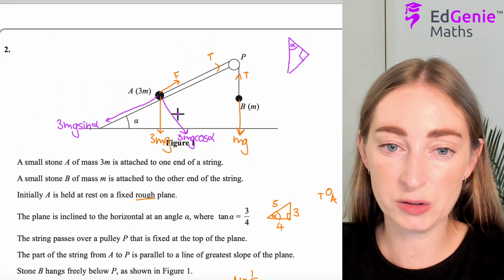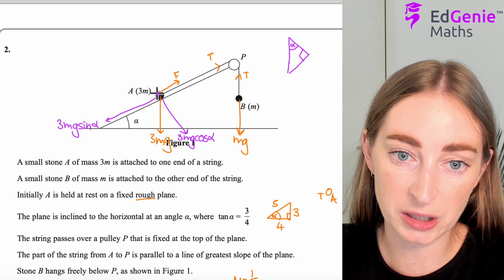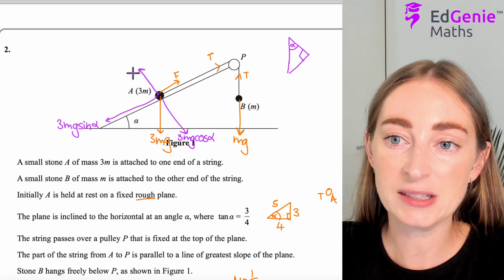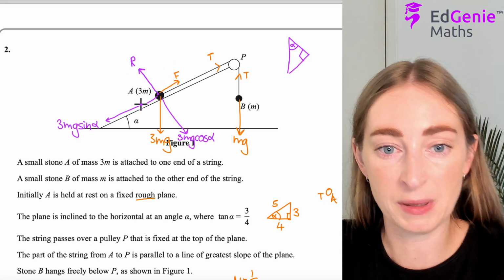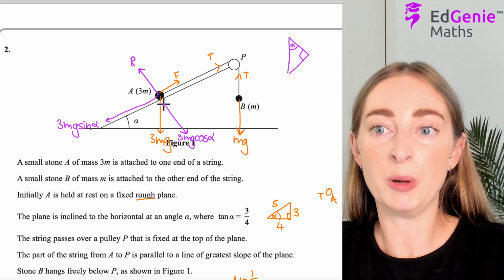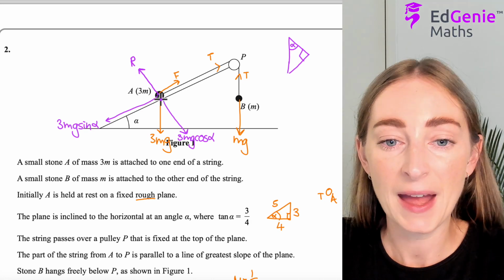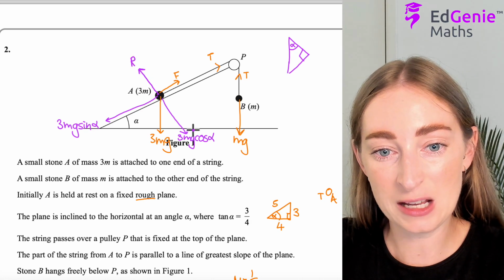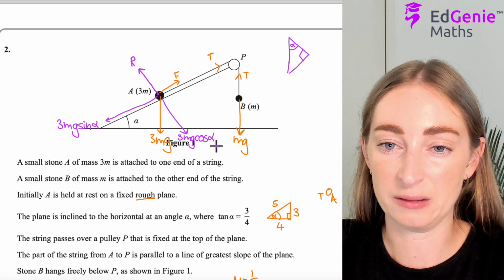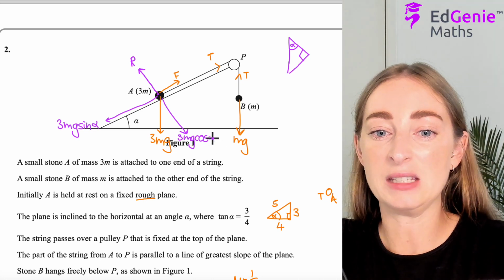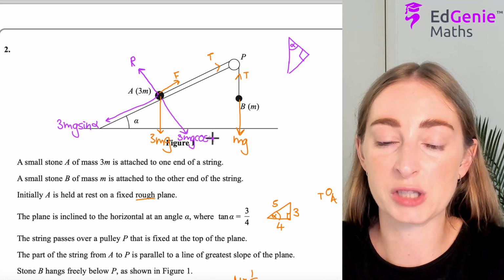So we have got one more force I haven't put on yet, this one here, and that's going to be your reaction force. So that's basically the slope pushing the stone away. And that is going to equal 3mg cos alpha, because obviously the stone isn't falling through the slope, is it?